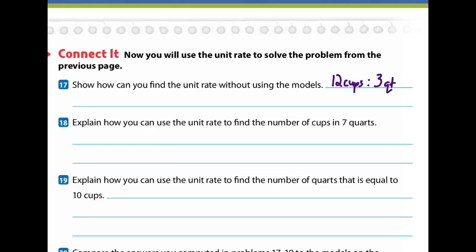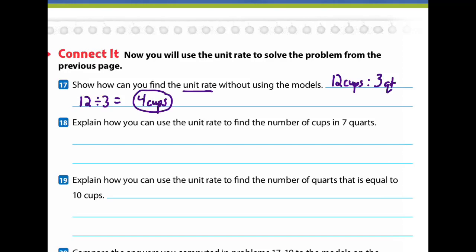So you may have done this differently, but I know if you divide 12 by 3, I will get the unit rate, which is 4. And remember, 4 cups is the unit rate. There's 4 cups in 1 quart. Also remember, unit rate is just the 4. If it said rate, you would have 4 cups to 1 quart, but we just want the 4 cups for that one.